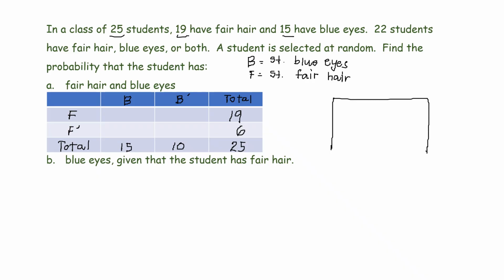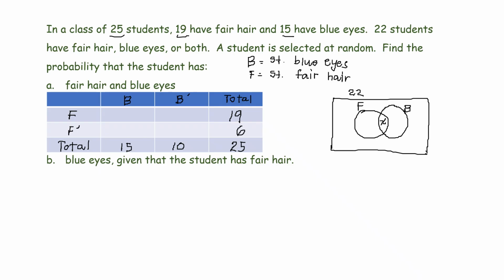Using that number, the count is 22 students, and some of them have fair hair, some of them have blue eyes, and some of them both. But the number of students with both qualities was not mentioned. So let's call this X.